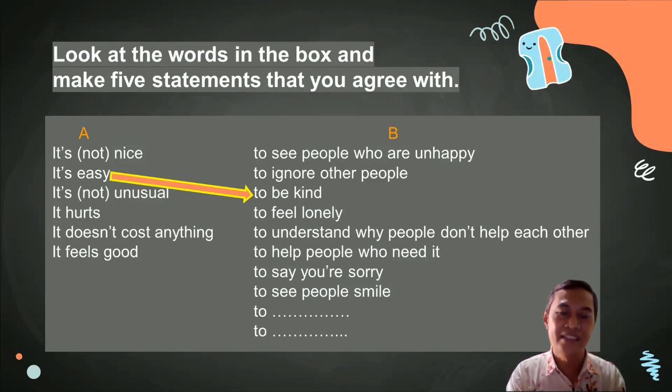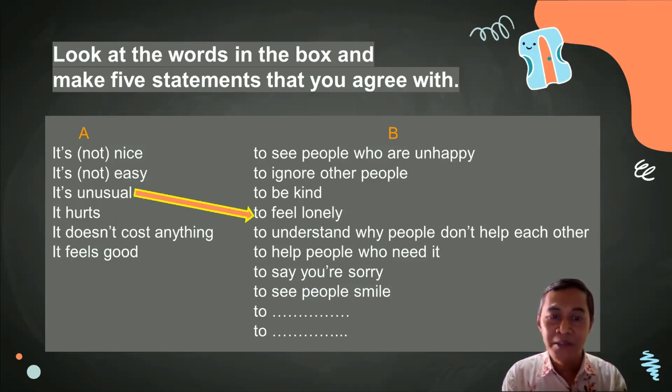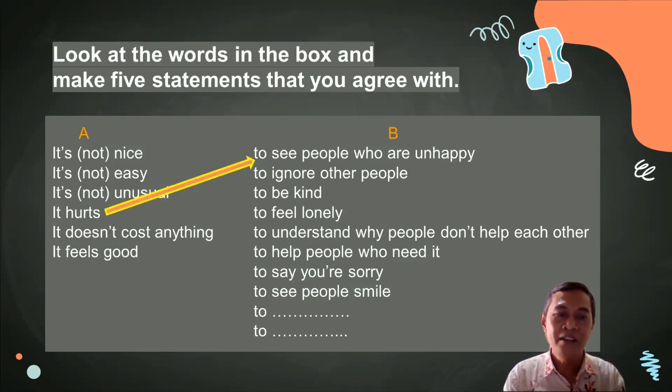Very good sentence. Next one. It's unusual to feel lonely. Sometimes when we like to be with other people, it's unusual to feel lonely. And then the next one, it hurts to see people who are unhappy.